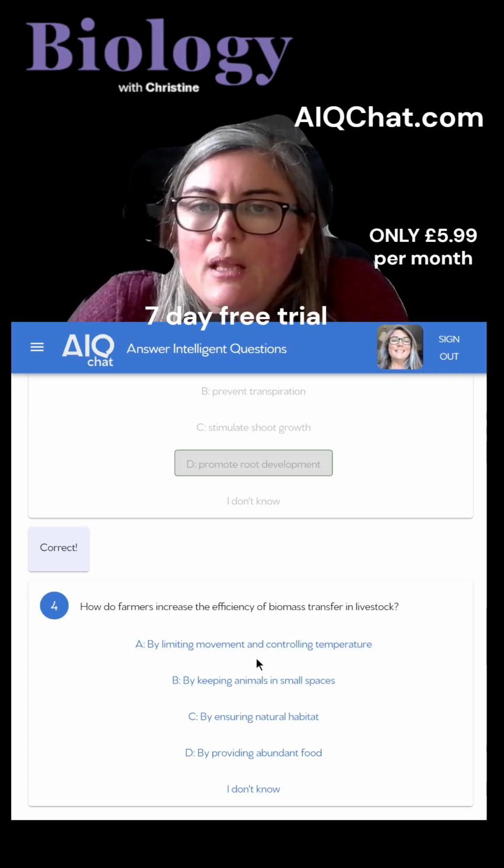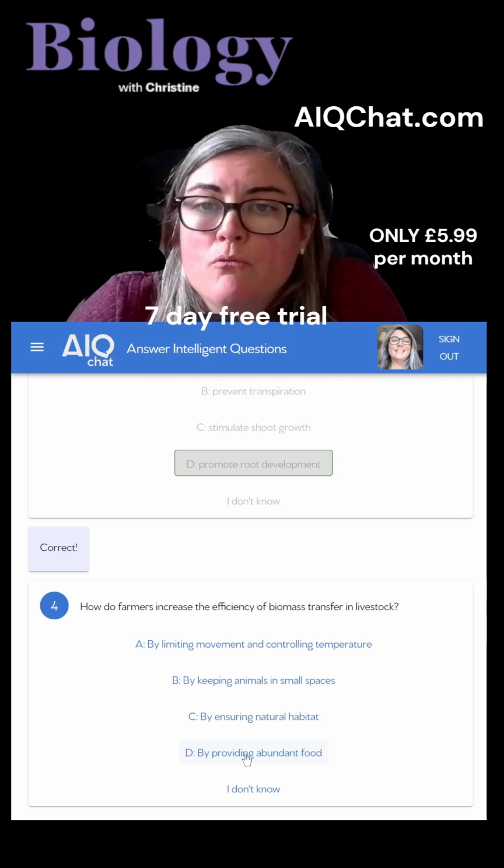Okay, by limiting movement and controlling temperature, by keeping animals in small spaces, by ensuring natural habitat, by providing abundant food. So if I'm providing abundant food, they're going to be growing more.